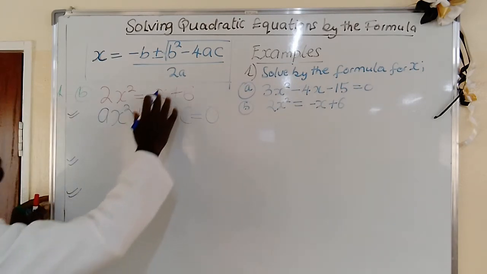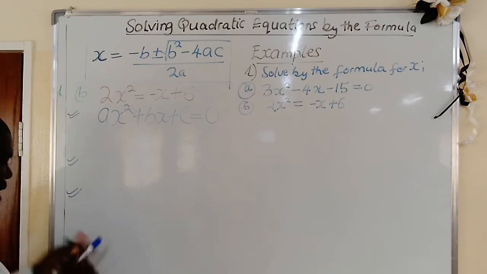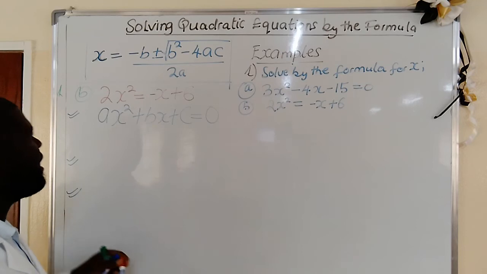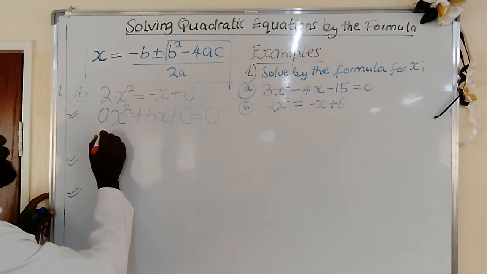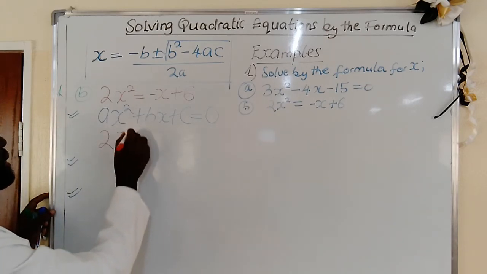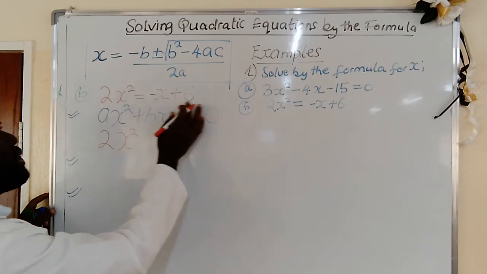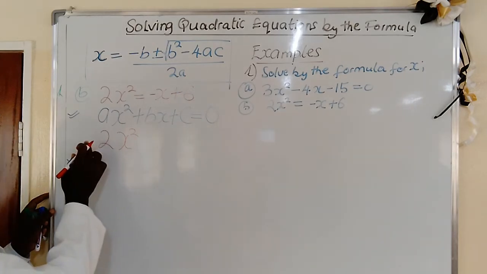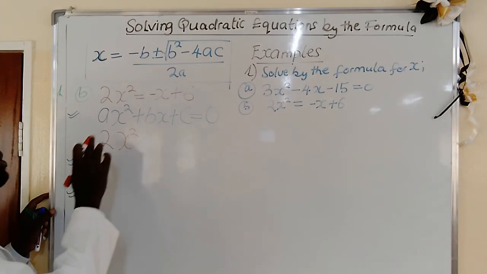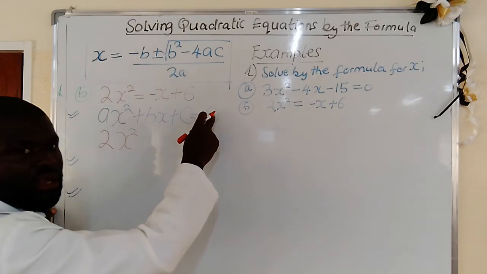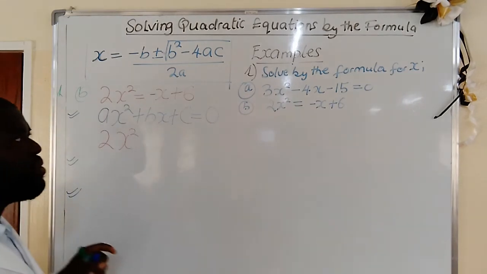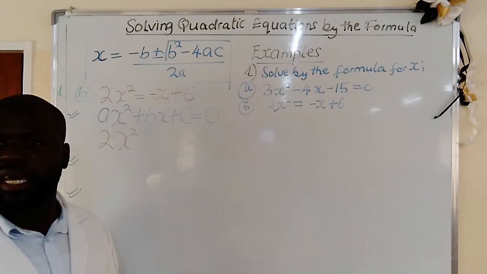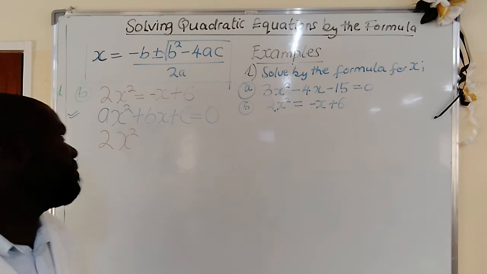So we need to rearrange this question. How do we rearrange? We are going to move some quantities either to the left or to the right. We are going to move these two terms, negative x and plus 6, to the left hand side, so that we shall have a 0 on the right hand side. That is only when we shall be at liberty to find the values of a, b, and c.